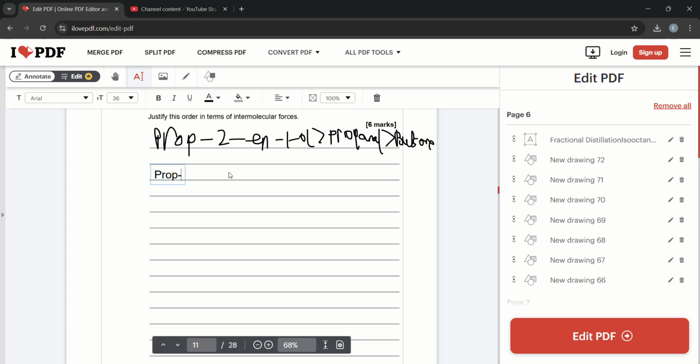Prop-2-en-1-ol has hydrogen bonds. Propanol has permanent dipole forces. Butane has van der Waals forces.